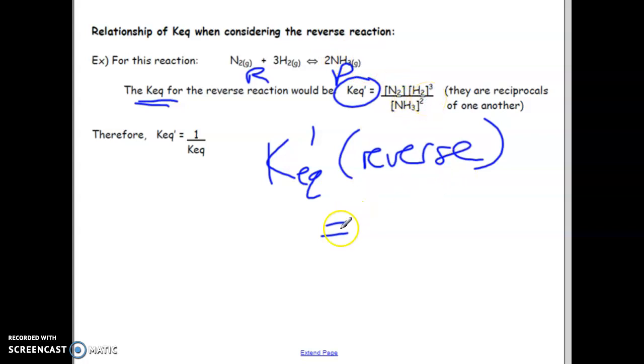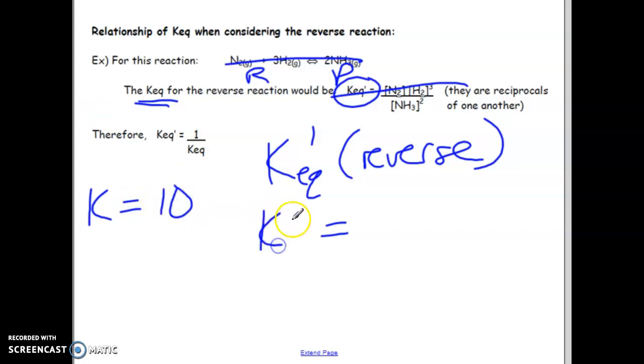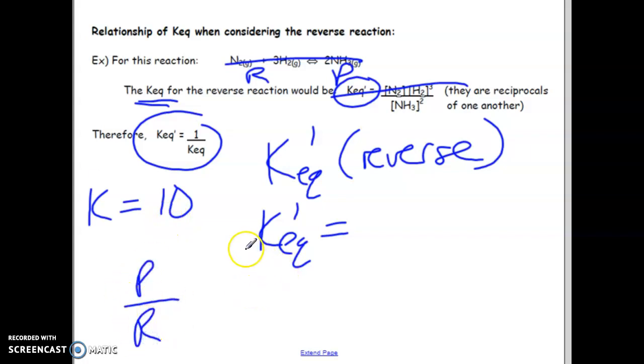Now, let's say you didn't have any of this information. If you have a K value, let's say 10, and you had to solve for the K of the reverse, it's a reciprocal, right? Just like the K is products over reactants, if you were to write the KEQ with the apostrophe, it would be reactants over products.